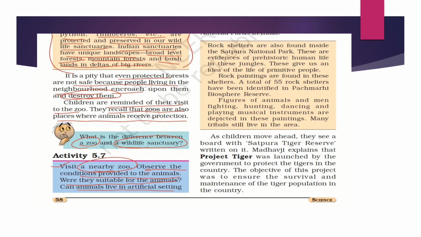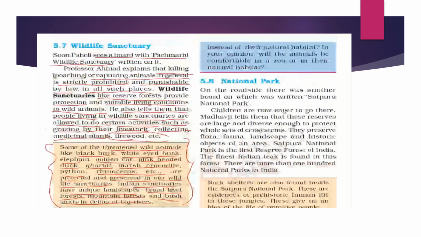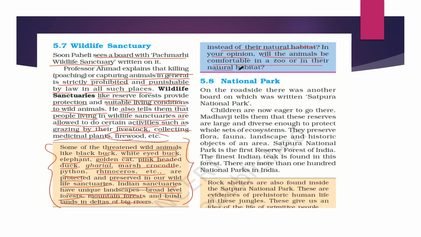Leopards, tigers, lions also: are they quite happy, or are they able to live in that kind of artificial setting? You are to find out after visiting your nearby zoo. Instead of their natural habitats, how are they staying in the zoo? In your opinion, will the animals be comfortable in the zoo or in their natural habitat? You should visit the zoo and write a note with your opinion about what you feel.